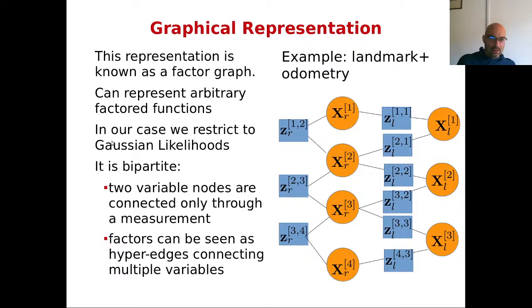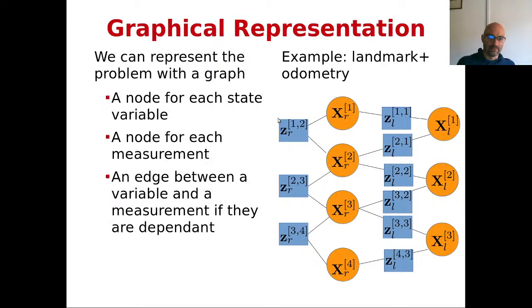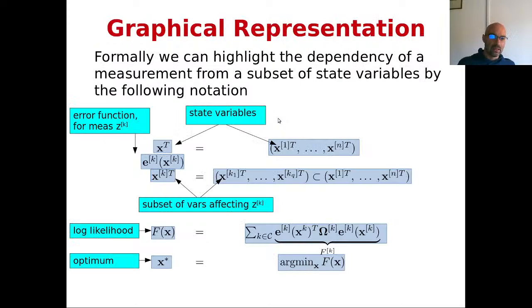In general, one of these factors will contribute to the H matrix. Consider the formulation of a factor, a factor which represents one of these E here, and remember that the E only depends on a subset of the state variables.